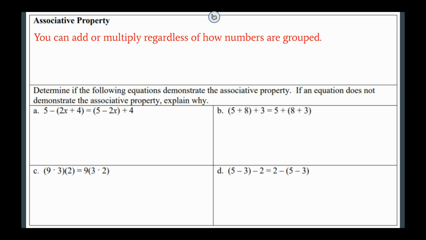Okay, for these 4 examples, determine if the following equations demonstrate the associative property. If it does not, explain why. Notice you get to explain why all the time.